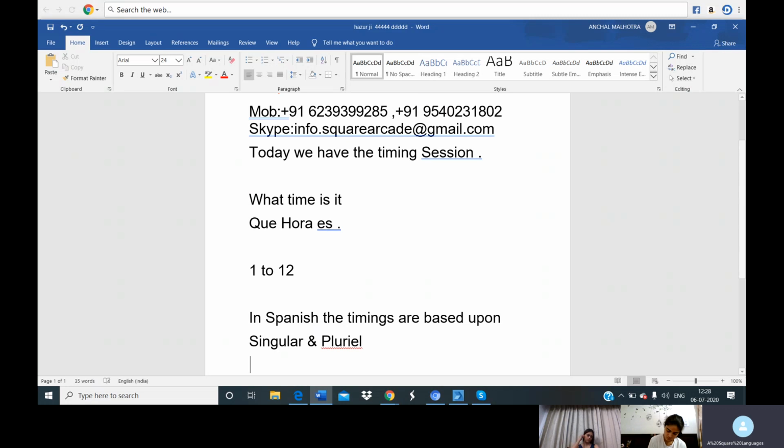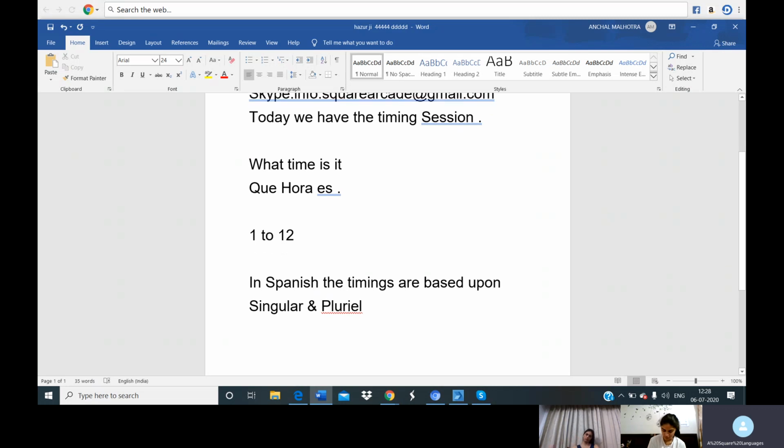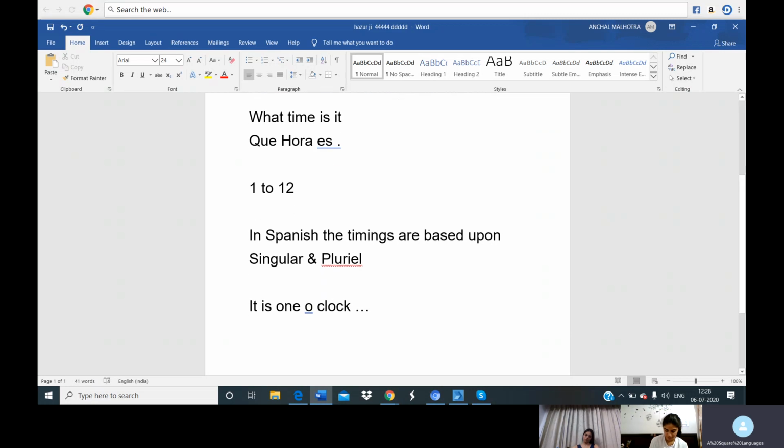Is that clear to you? For example, it is 1 o'clock. If you're saying it is 1 o'clock, we say in English we have 1 o'clock. Is that clear to you? So one is my singular. One is my timing, one is my singular. Is that clear to you?